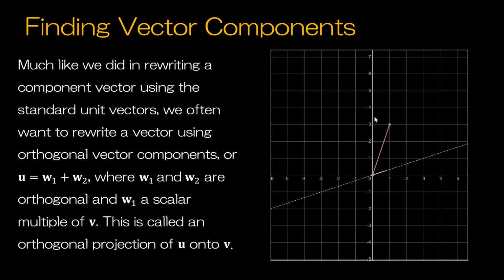And I'm saying, okay, I want to think about a light source right here that's shining perpendicular to this new white dotted line. And if I were to do that, what would that shadow look like? Well, I would end up with a shadow that kind of looks like this. And that is going to be our two orthogonal vectors.